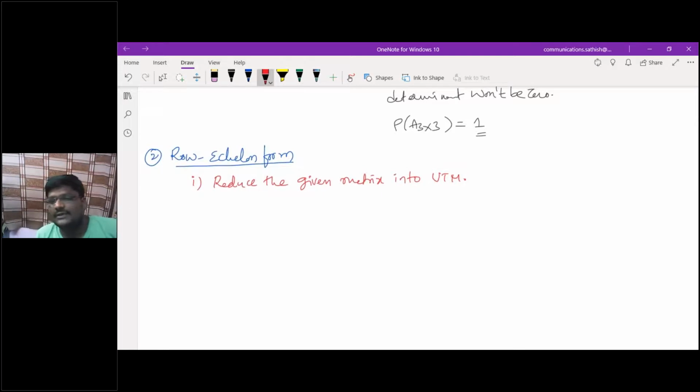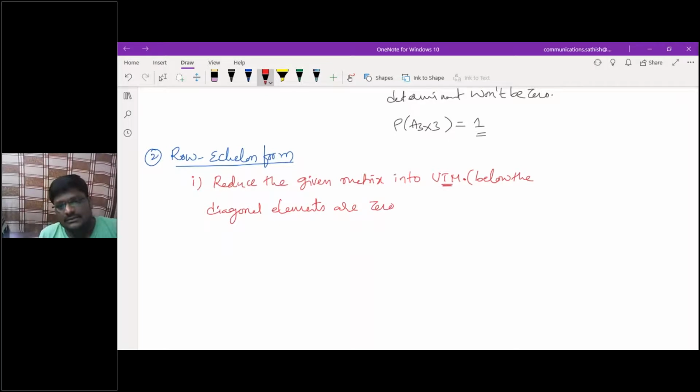Means what? If you are reducing the given matrix into an upper triangular matrix, the elements below the diagonal are zeros. Am I correct or wrong?